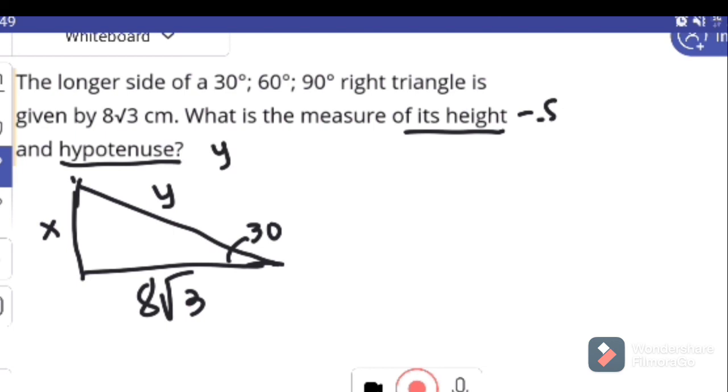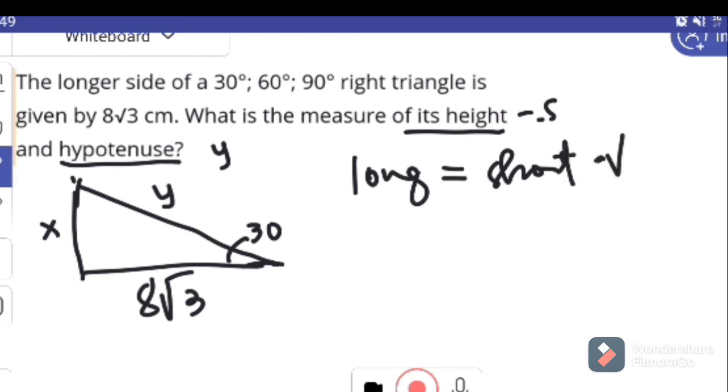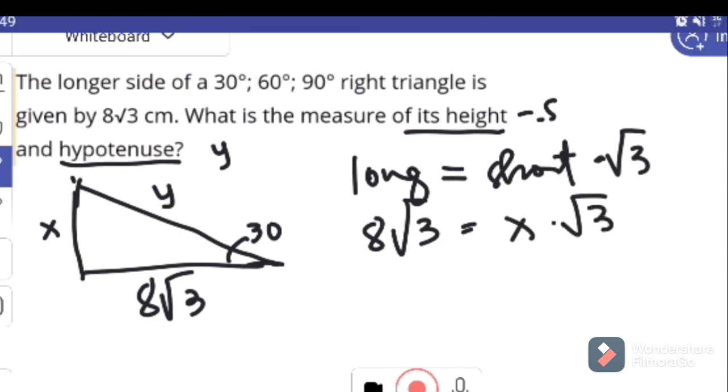Now, what do we know? We know that the long leg is equal to short leg times the square root of 3. So, let's substitute: 8 square root of 3 is equal to X, which is the short, times the square root of 3.